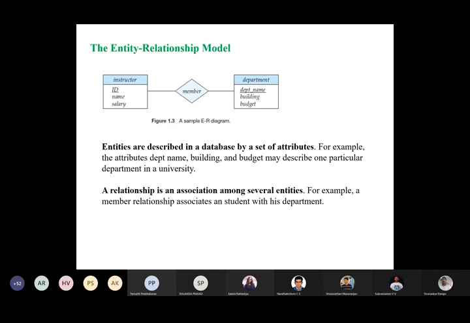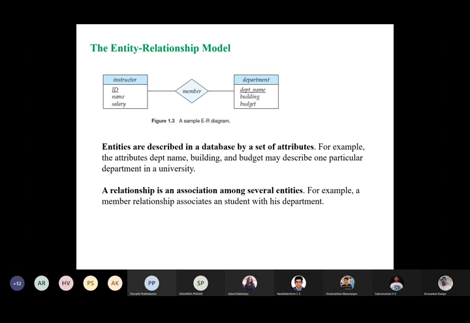As of now, since it's the introduction chapter 1, you need to know that a database is described by means of an ER diagram, right? The schema can be pictorially represented by means of an ER diagram, where an entity represents an object of interest in a system which may have a physical or logical existence, attributes are used to describe the entities, and there exists a relationship between the participating entities, right?